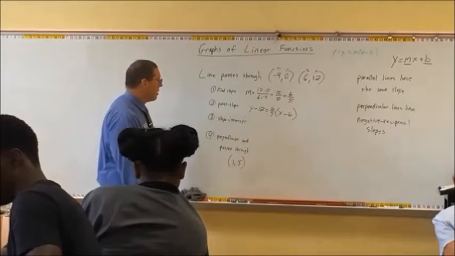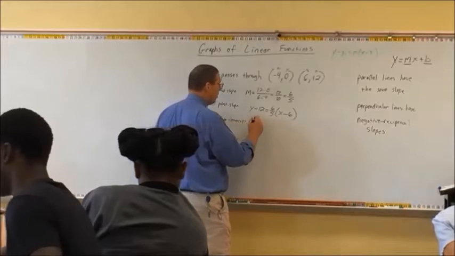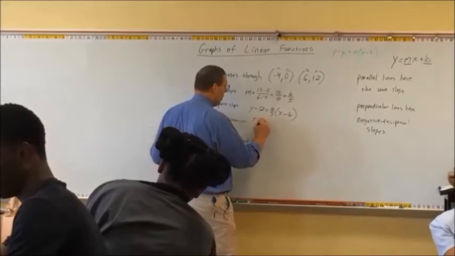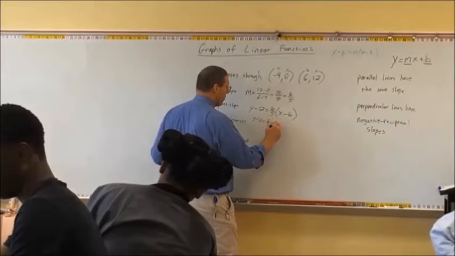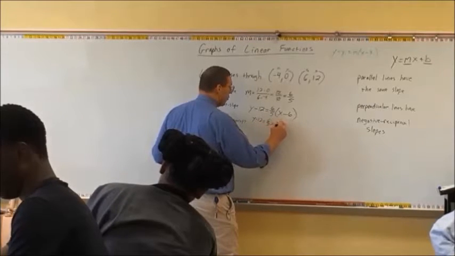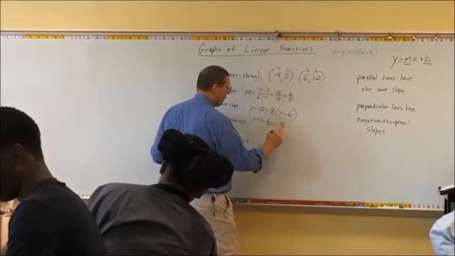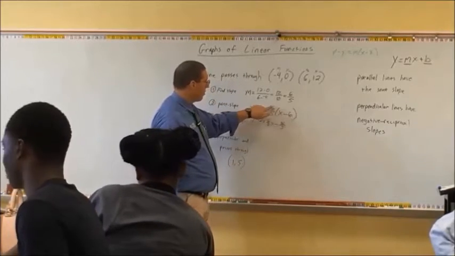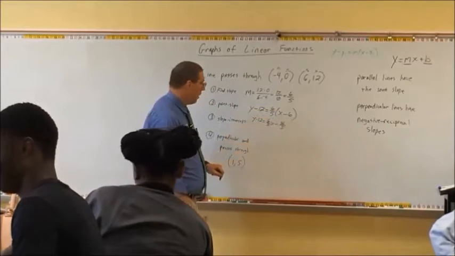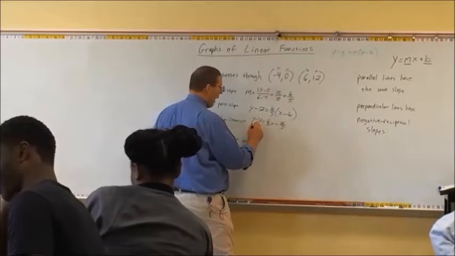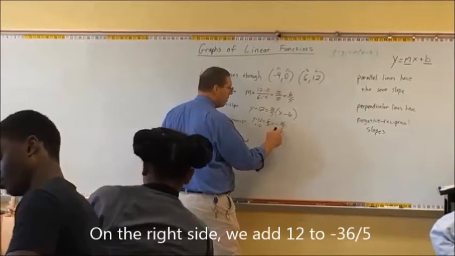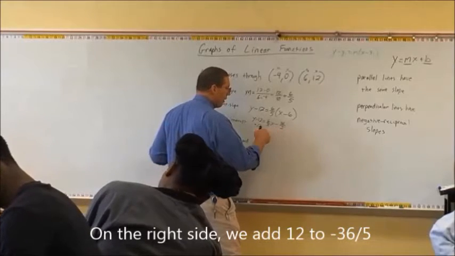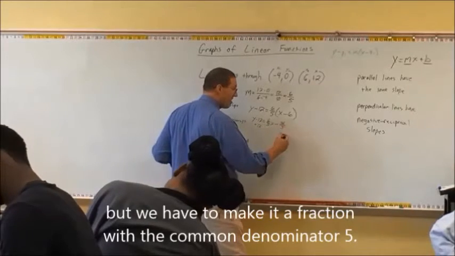Which can get a little messy because when we want to turn it into slope-intercept, we're going to have y minus 12 equals 6/5 x minus 36 over 5, right? Because 6 times negative 6 is negative 36, right? A little messy. We're going to add 12 to both sides, but on this side, it's got to be over 5. And so I got to do 12 times 5, which is 60.